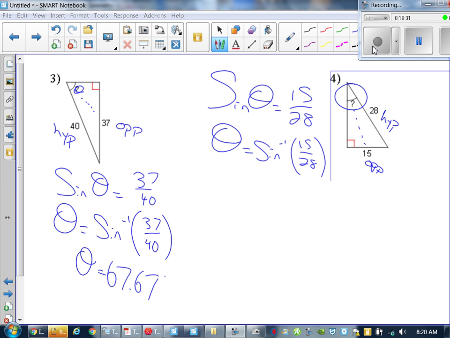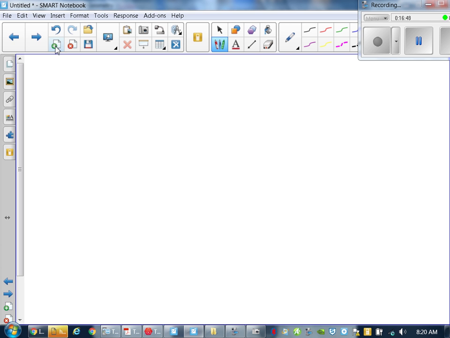Is there any way to do this without a calculator? Yes. There is a way if you knew how to find the decimal equivalent of 15 over 28. So 28 goes into 150.